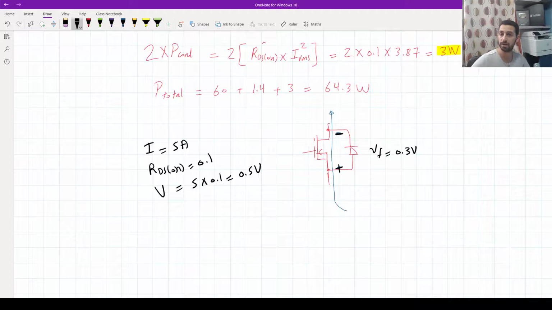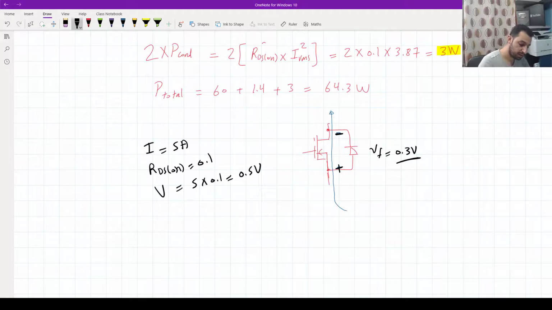But we assume that all the current will go through the diode. But in reality, that is not practical, okay? We have some current going through that diode and some current going through the MOSFET. But how much going through the MOSFET? To know that, once we turn on the diode, that diode will drop voltage across its terminals equal to 0.3.